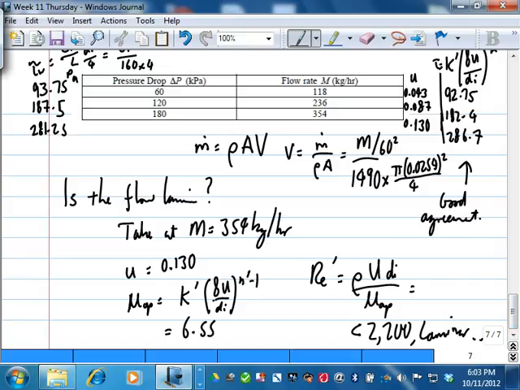Rho is 1490, U is 0.130, times 0.0254 divided by mu AP, 6.55.